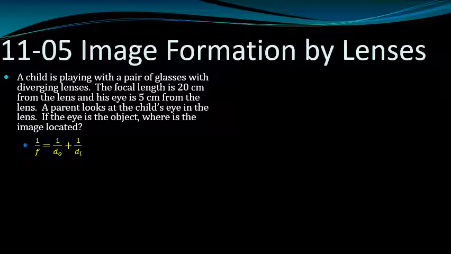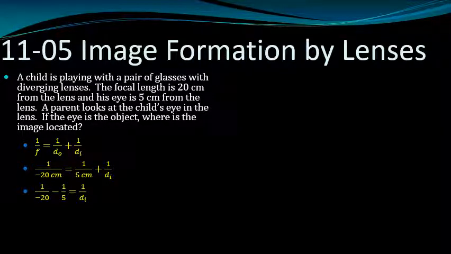As long as we have all the same units, it doesn't matter what unit we use. So I'm going to use centimeters. 1 over f equals 1 over object distance. The object is his eye. That's 5 centimeters from the lens. It's a real object. Plus 1 over image distance. Subtract the 1 over 5 centimeters.